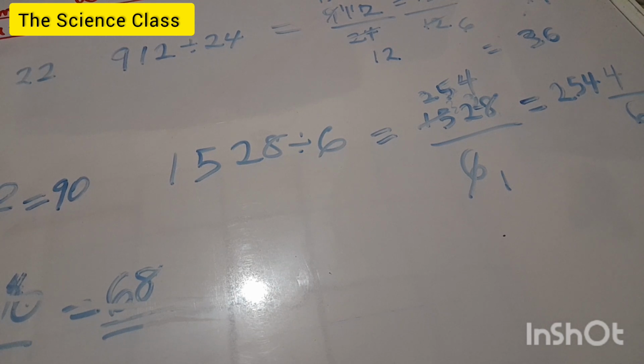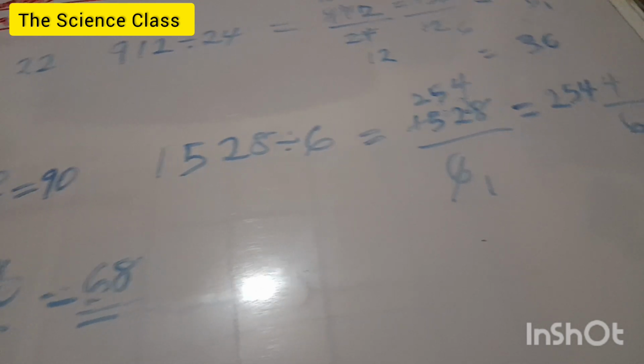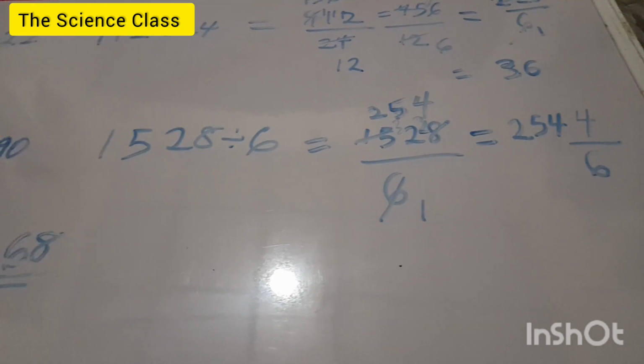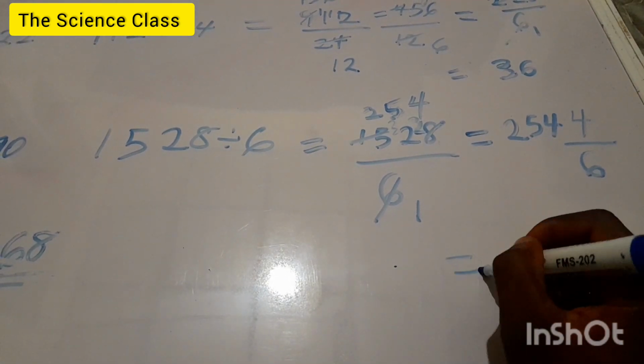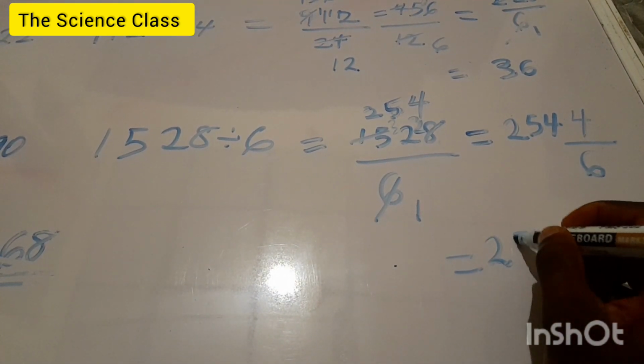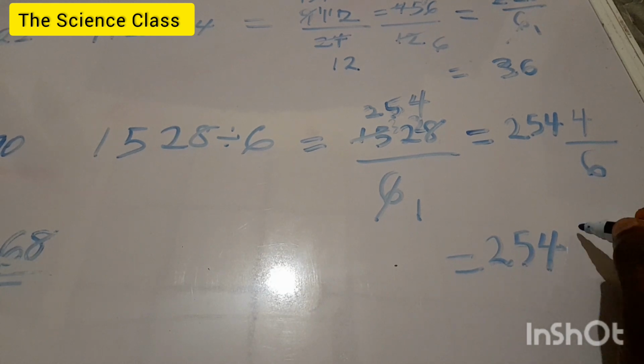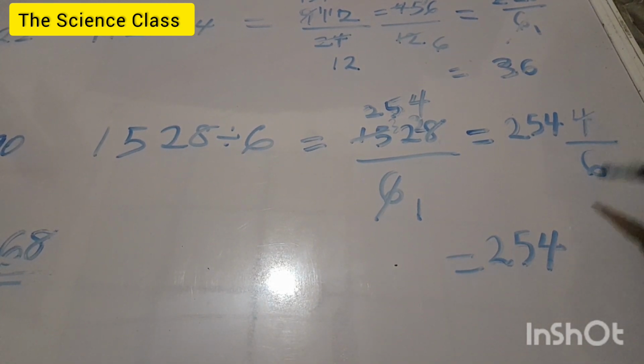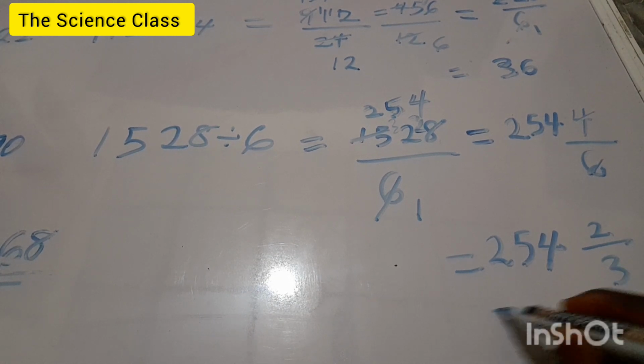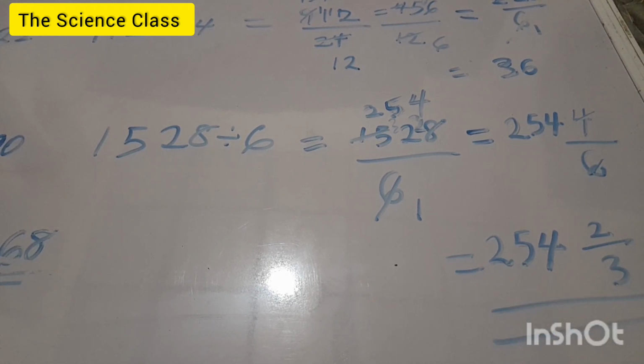And we can still break this down further by writing 254 whole number 2 over 3. This is our final answer.